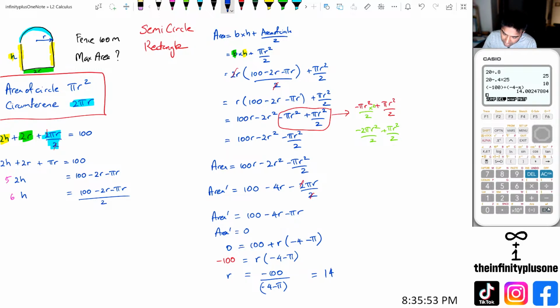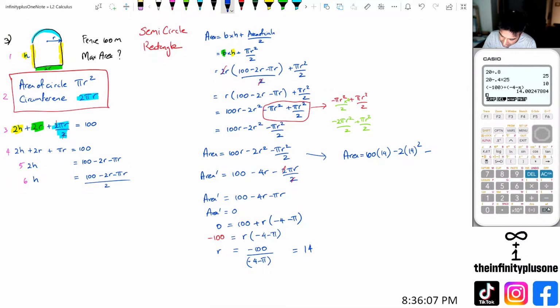Okay, so if r is equal to 14, then we go up to here and we can actually work out what the area is, because that's 100 times 14 minus 2 times 14 squared minus pi times 14 squared over 2.